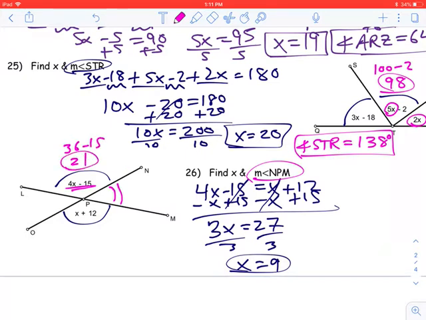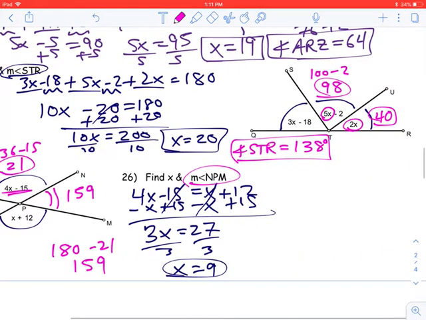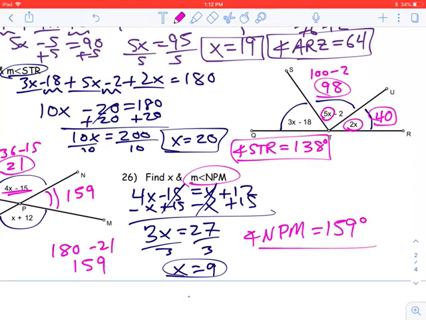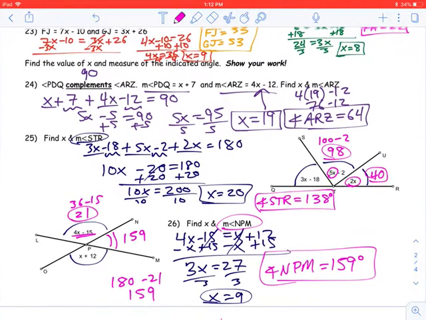So if this is 21, and I know these two give us 180, I just need to go 180 minus 21 to give us our angle, which is 159, right there. So angle NPM equals 159 degrees. Okay, and there we are.